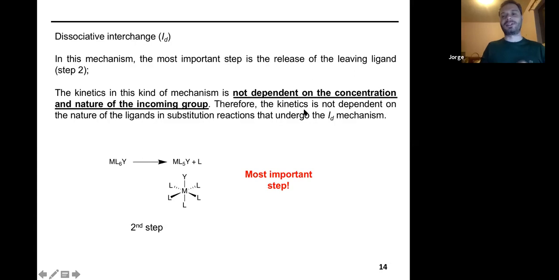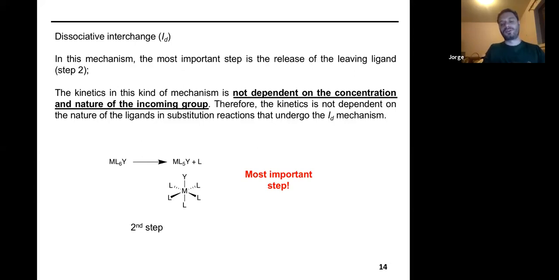Therefore, the kinetics is not dependent on the nature of the ligands in substitution reactions that undergo the dissociative interchange mechanism. So, if we change the ligand and the kinetics does not change or changes on a small scale, that means this reaction undergoes the ID mechanism.